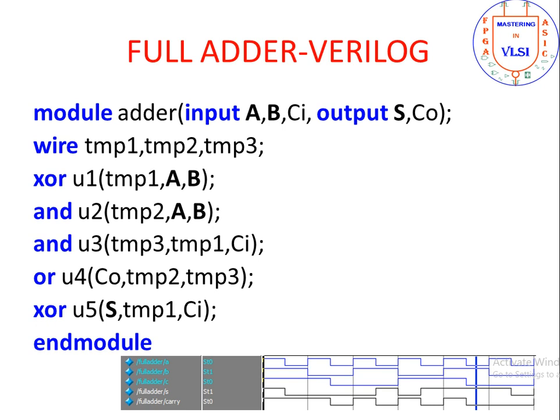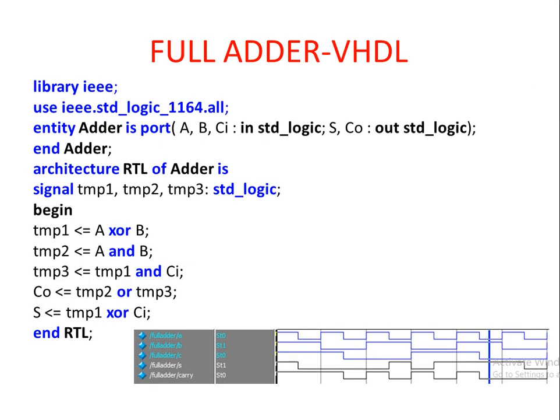Here is the VHDL code for the full adder. As usual, we use the library and the corresponding package. The entity has a port with 3 inputs and std_logic, the data type, and end adder.